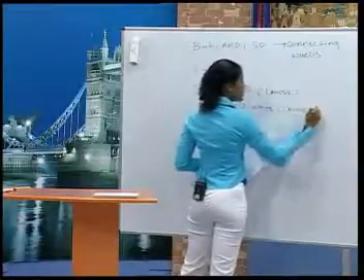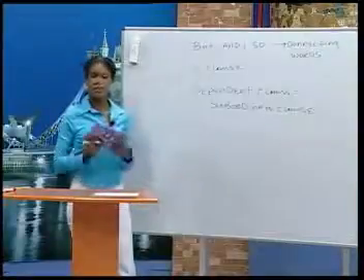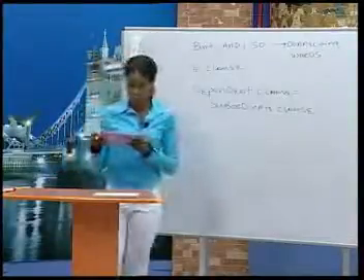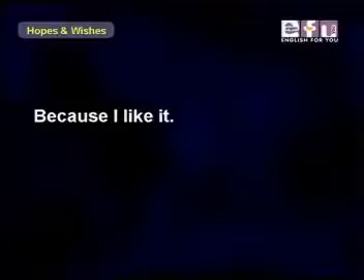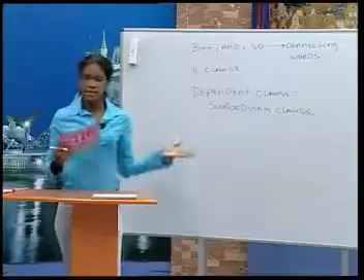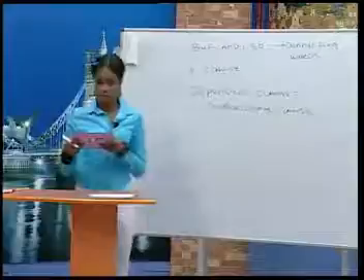We call this a dependent or subordinate clause because it needs the main clause in order to make sense. Okay, take a look at this. Because I like it. What? Well, we don't really know what the sentence is about. So, this dependent clause, because I like it, needs a main clause.